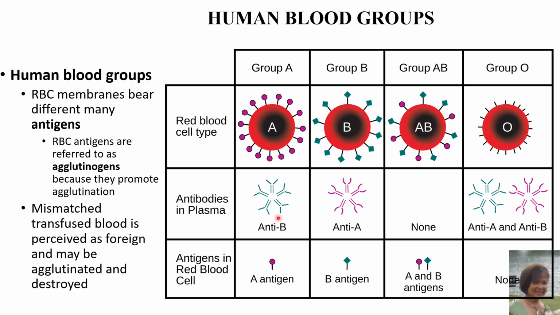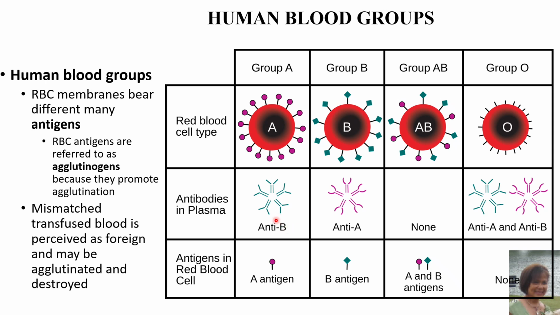Antibodies are present with the agglutinogens. And what are antibodies? Well, antibodies are substances that would agglutinate the carriers of antigens that are actually a mismatch to them.